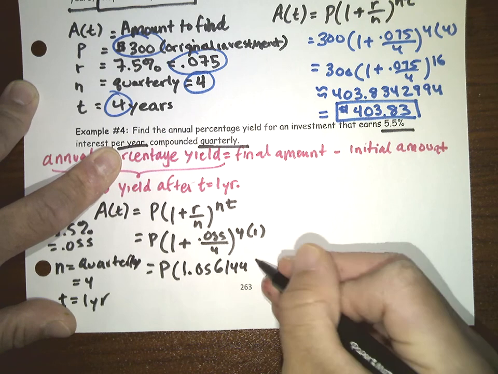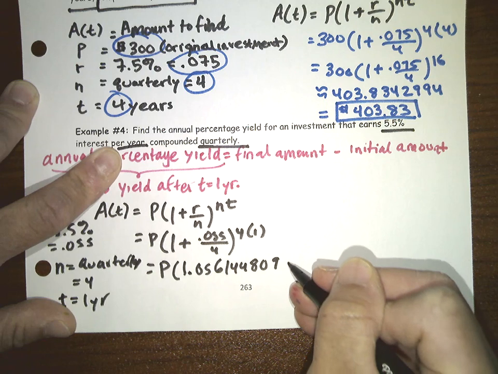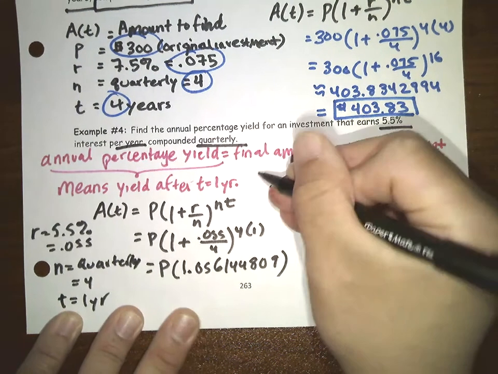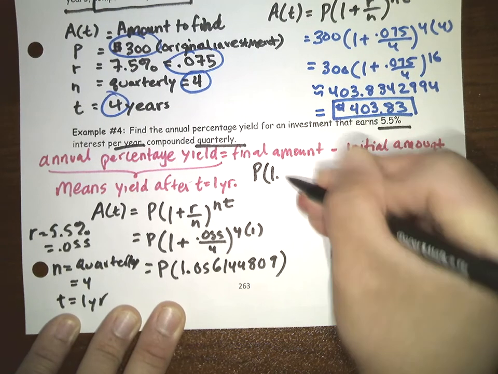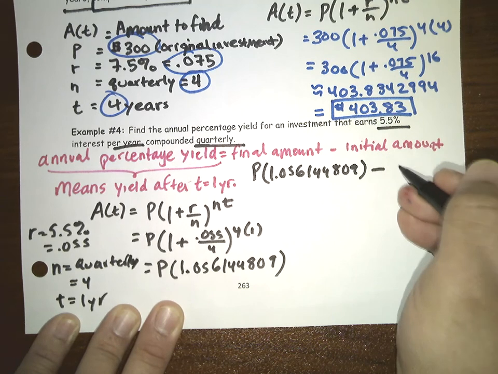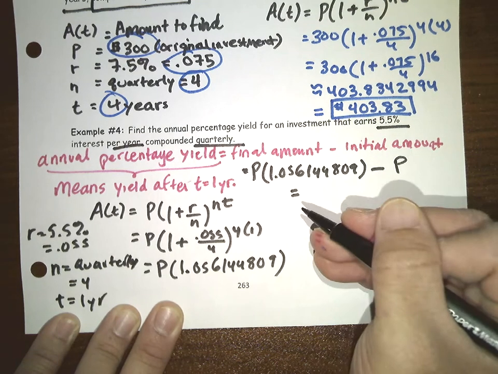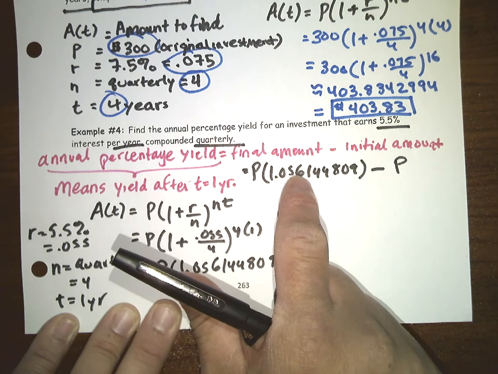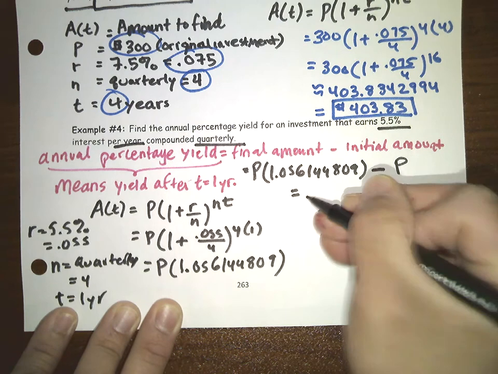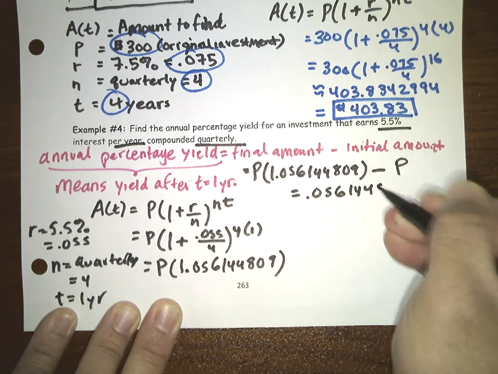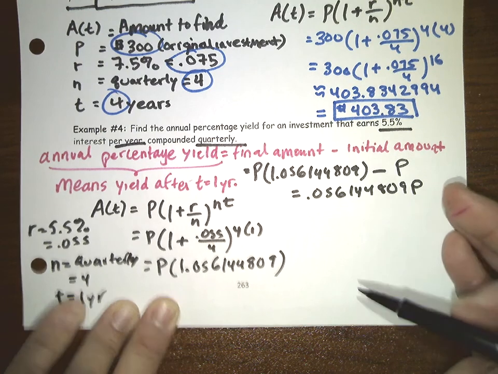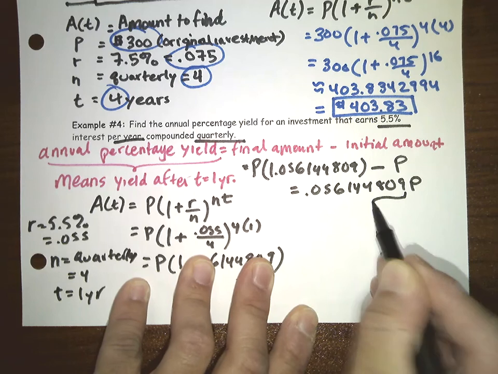1.056144809. And so then I know that the final amount was P times 1.056144809, but the initial amount was P. So then I do 1.056144809 P minus P. That is just 0.056144809 P. And so then I see that this is the annual percentage yield right here.